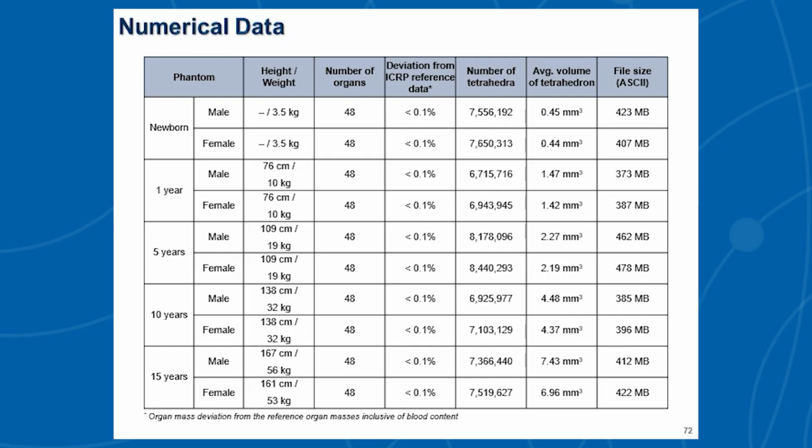This table shows various numerical properties of the developed pediatric phantoms. Their height and weight were aligned with ICRP 89 reference values, and organ masses, including blood content, were matched within 0.1% of their target values. Like the adult phantoms, each pediatric phantom consists of approximately 6 to 8 million tetrahedrons.